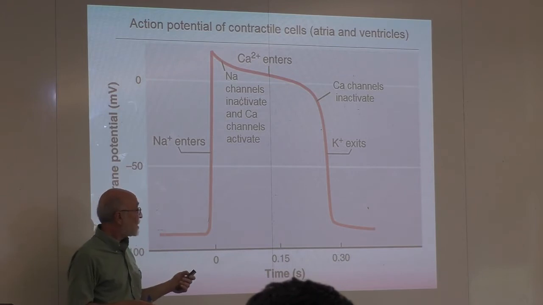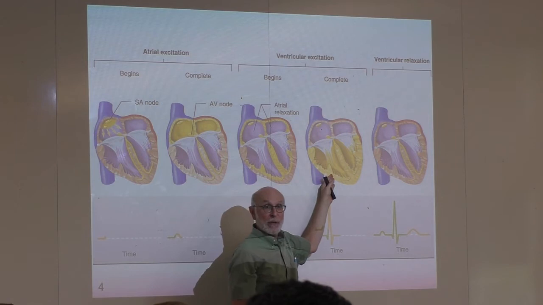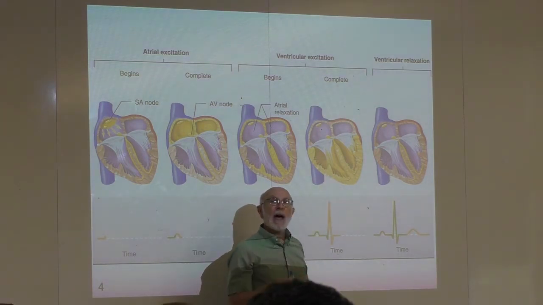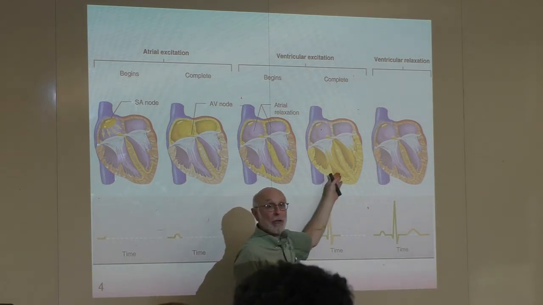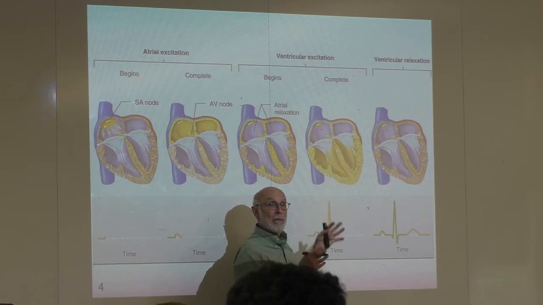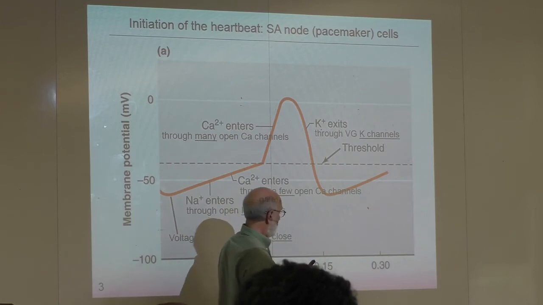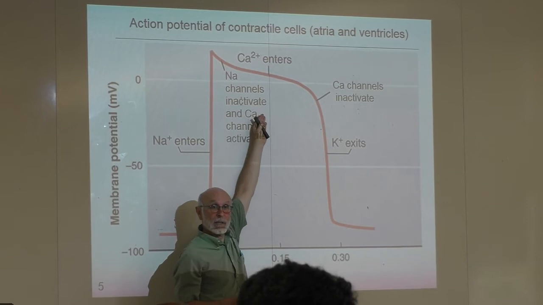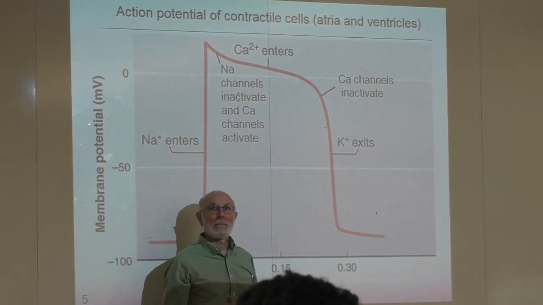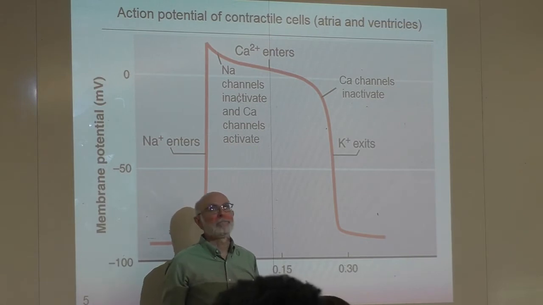And so now action potentials spread fast through the ventricles, aided by the bundle of His, the bundle branches, the Purkinje fibers, and just fast action potentials in the ventricle. Calcium influx, contraction, generation, pumping action. We'll talk more about pumping next week.